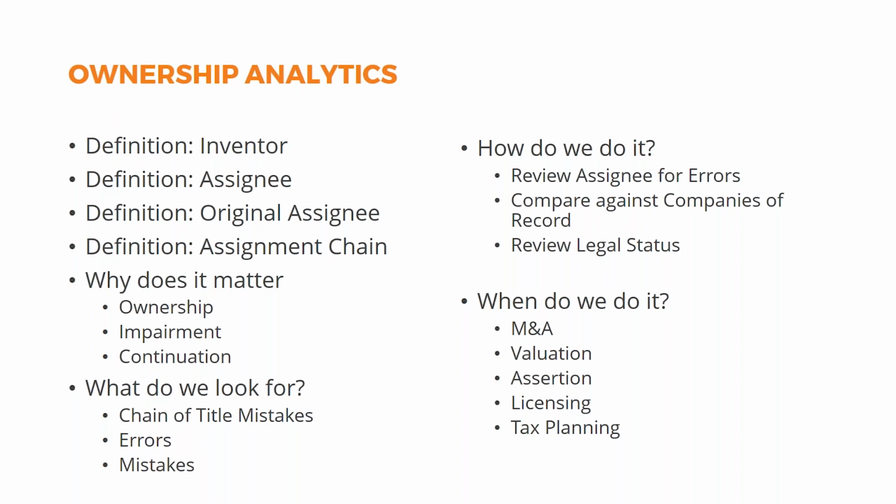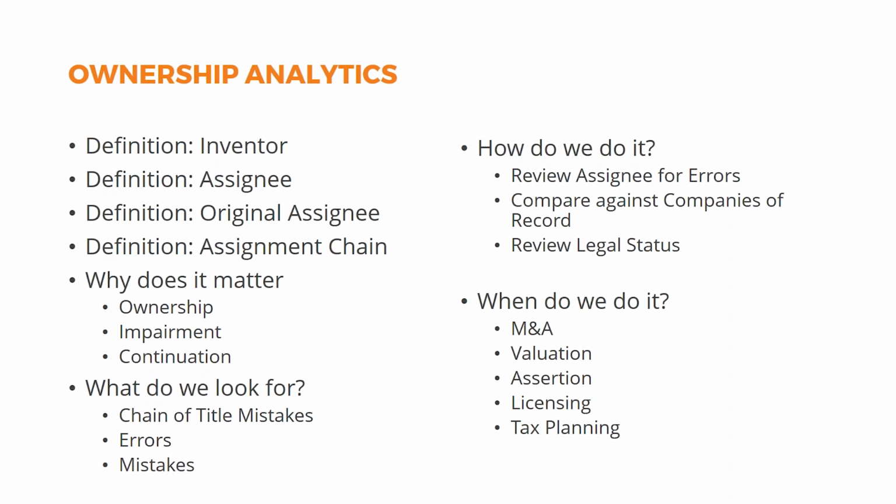Assignment chain is a very useful tool for seeing where the patent traveled through in ownership as it went through changes of ownership, licensing, financing, and so forth. So with the assignment chain, has the chain of title been adequately documented in the documentation as well?